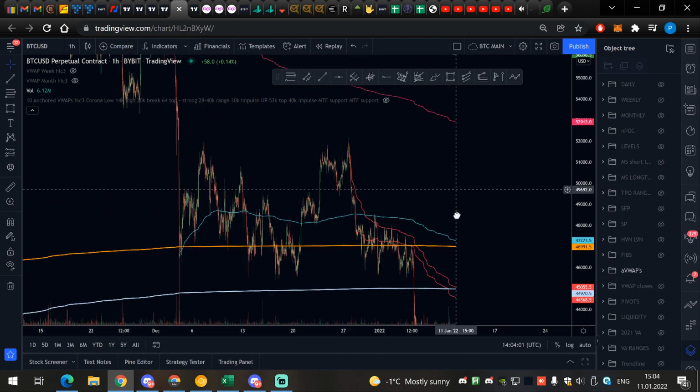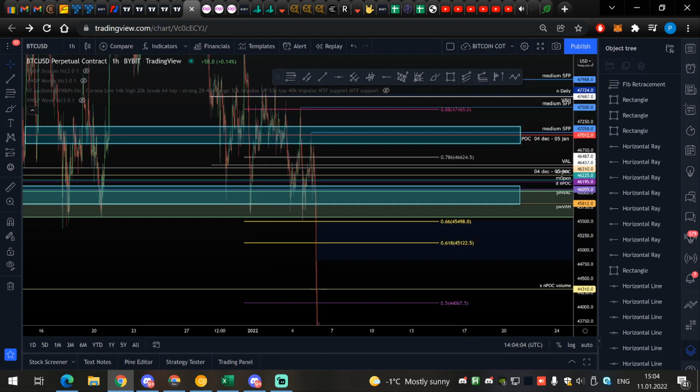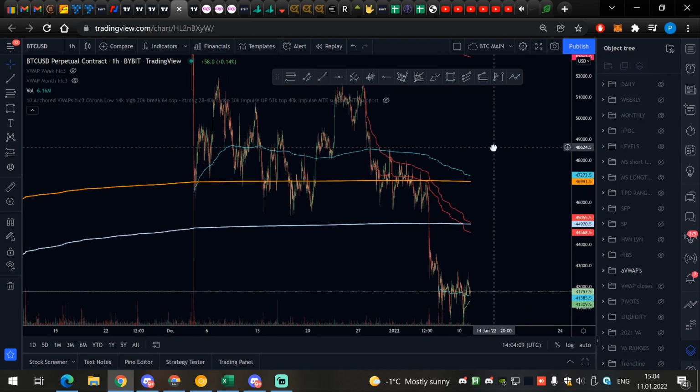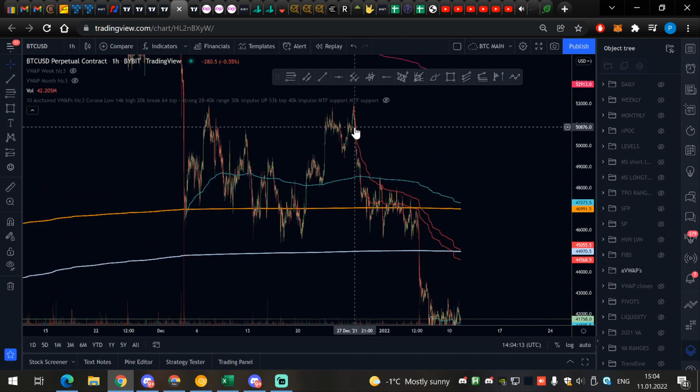No, we definitely need this anchor up here. The current downtrend as well.